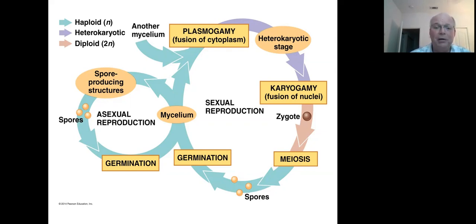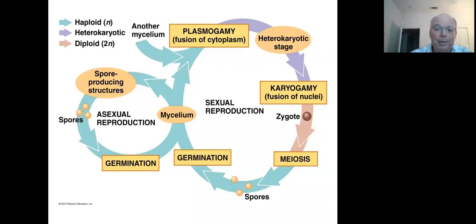Now, what happens in this common space then determines how we talk about these hyphae. If the hyphae do not contain septae, they're not divided into cellular compartments, then we refer to the hyphae as heterokaryotic, containing two different haploid nuclei and multiple copies of those nuclei in a multinucleated cytoplasmic compartment.